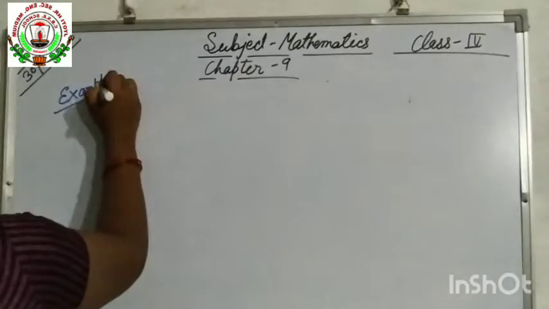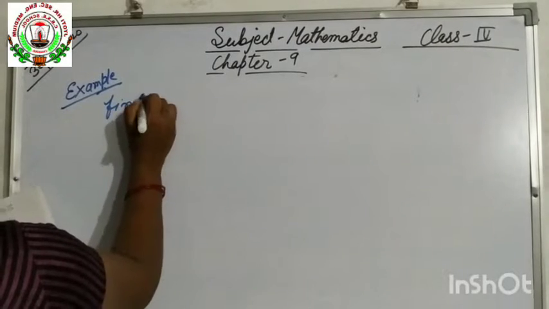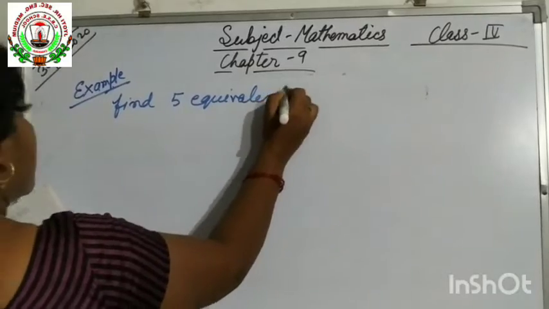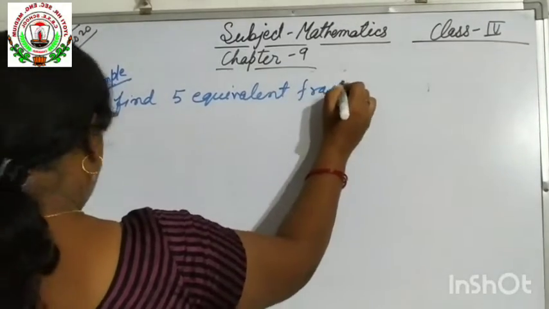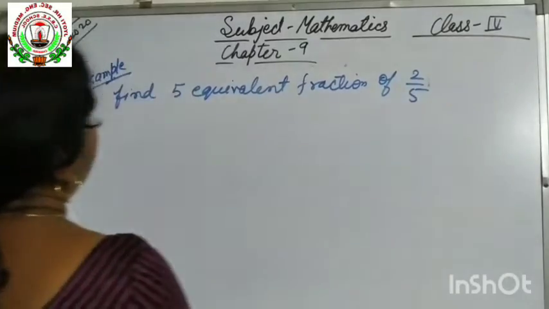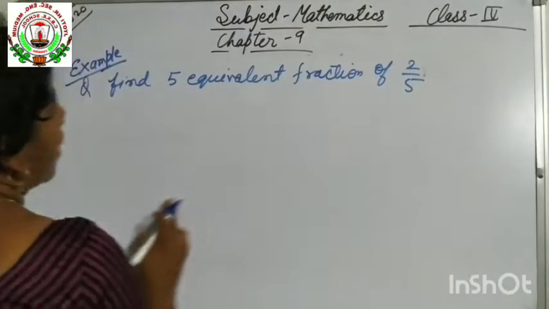Suppose an example we are taking. Find 5 equivalent fractions of 2 by 5. Here the question is to find 5 equivalent fractions of 2 by 5.